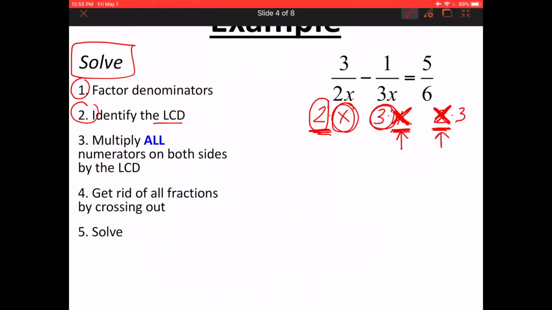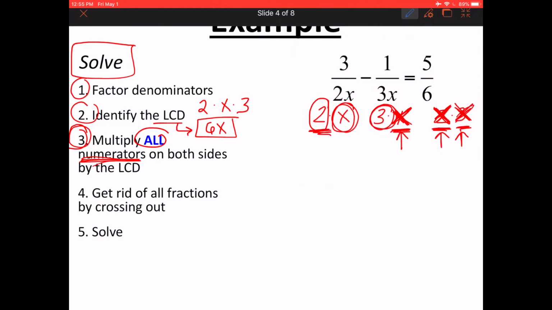Then I take this 3 over here. It has a partner, but I don't need the partner. Okay, so the 3 parts that I'm going to use for my LCD are going to be 2 times x times 3. So my final LCD is going to be 6x. All right, so I've identified my least common denominator. Now my third step, multiply all the numerators on both sides by the LCD.